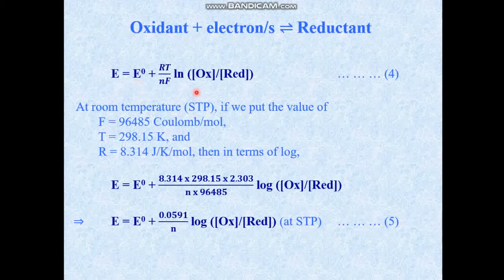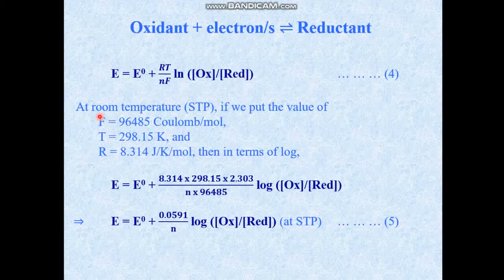So in equation 4 you can represent the Nernst equation like this: E equals E0 plus RT by NF ln oxidant concentration over reductant concentration. Okay, here oxidant means the metal cation, so metal cation in the numerator and normal metal in the denominator.